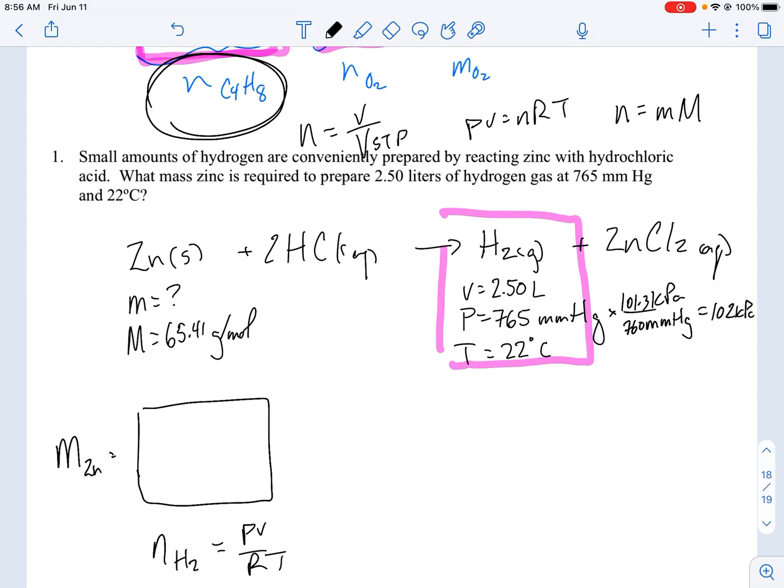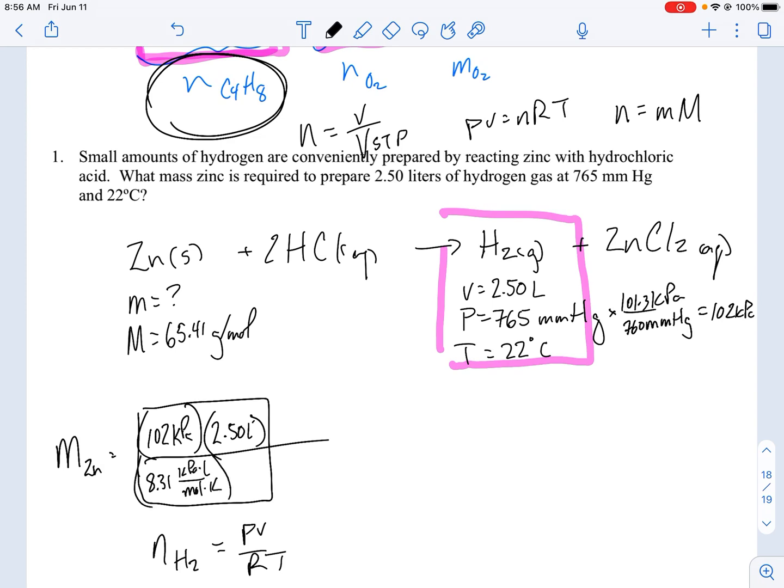So P is going to be 102 kPa, but I'm going to use the proper pressure with all the digits on my calculator so that I don't double round and make problems. My volume is 2.50 liters. We know that's not a huge amount of gas. And then I've got R, which is 8.31 kPa times liters over mole times Kelvin.